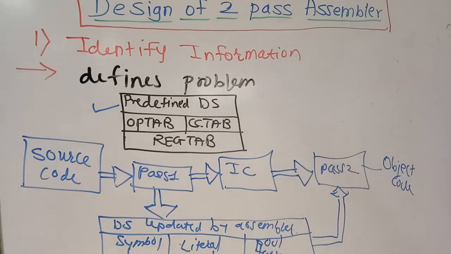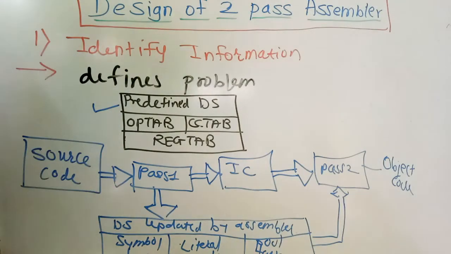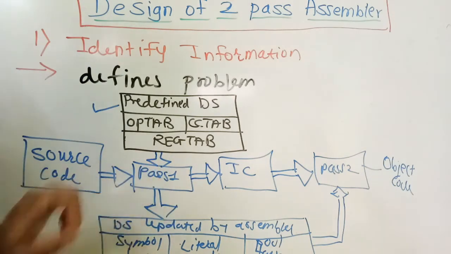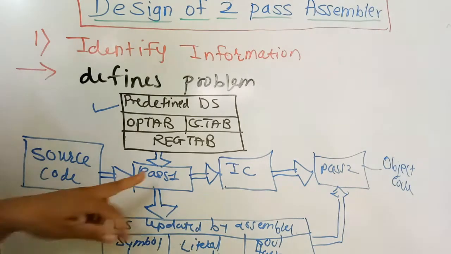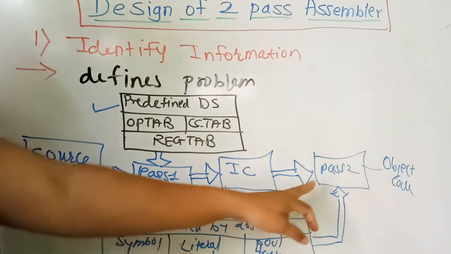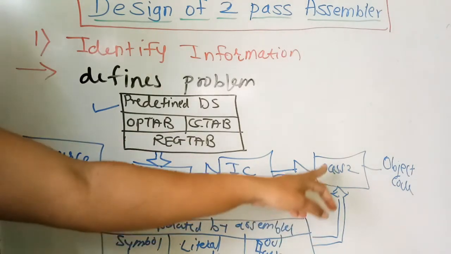So this is actually the detailed procedure of how to identify the information. First of all, it will provide the predefined data structures to this pass 1. This pass 1 takes the source code, and after performing the pass 1 procedure, it will update the data structures like the symbol table, literal table, and pool table, and these are collectively provided to pass 2. And pass 1 generates the intermediate code, which is the output of the first pass and the input to the second pass.